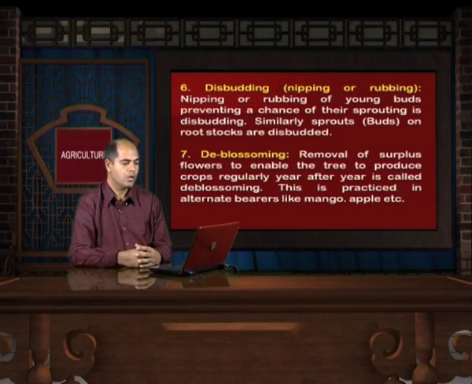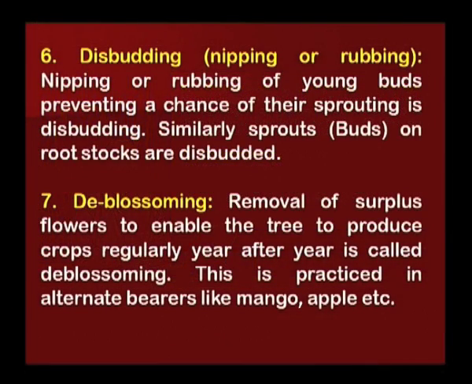Disbudding, nipping or rubbing. Nipping or rubbing of young buds, preventing a chance of their sprouting, is called disbudding. Similarly, sprouts or buds on rootstocks are disbudded. Deblossoming. Removal of surplus flowers to enable the tree to produce crops regularly year after year is called deblossoming.